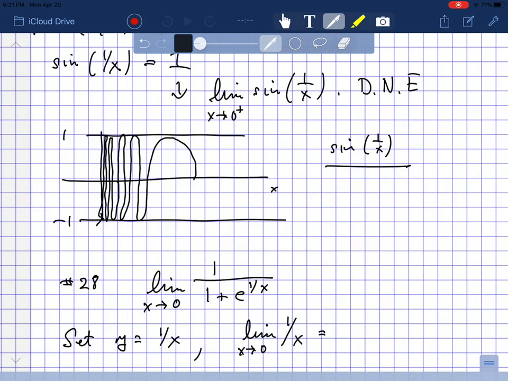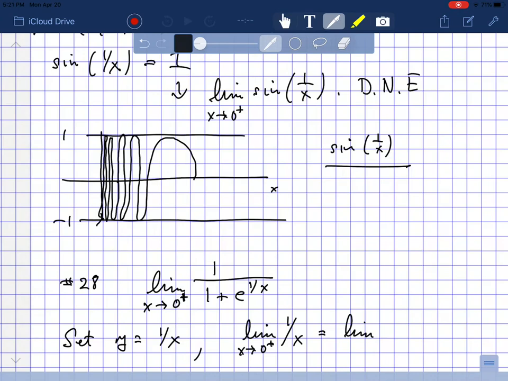Well, what do I know? So as x goes to 0, what happens to y? Here what I should do is make this a plus sign. Okay, I'll make this a plus sign.